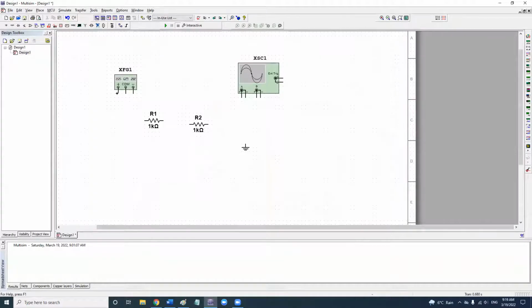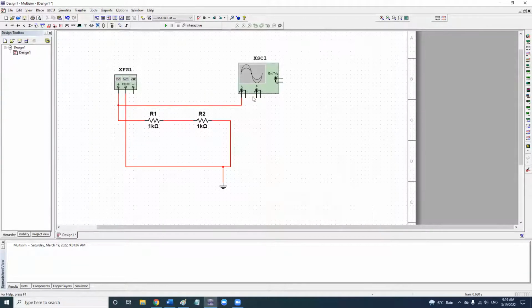From the input it goes to here, and comes back to the common ground. You can connect this to the ground, or some people use a negative, it doesn't really make a difference. And this one is between the resistors, so channel 2 here, to the ground.